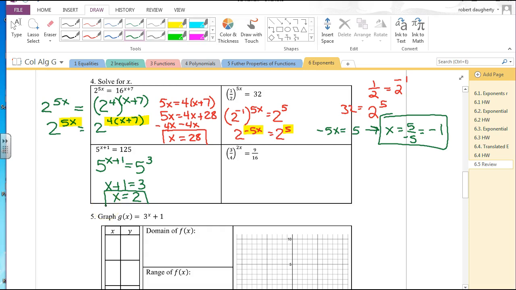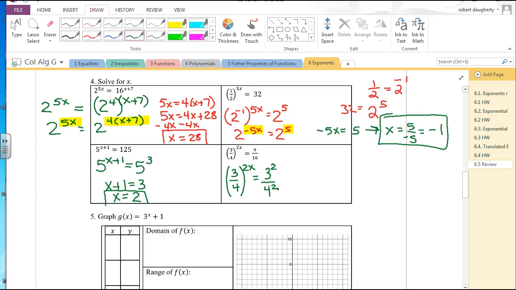And the last one here is the one that gets tricky when you have fractions. So I've got 3/4. There's not much I can do to simplify that, so I'll leave it like that. So (3/4)^(2x). I can write 9 as 3 squared. I can write 16 as 4 squared.